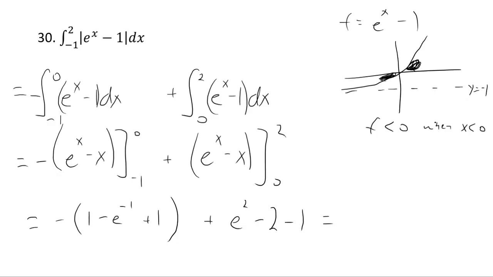So what does this become? We have, let me just do it from here, 2 minus e to -1 plus e squared minus 3. So we have, did I do this right actually? Let me double check once more, because I feel like I made some sign error.